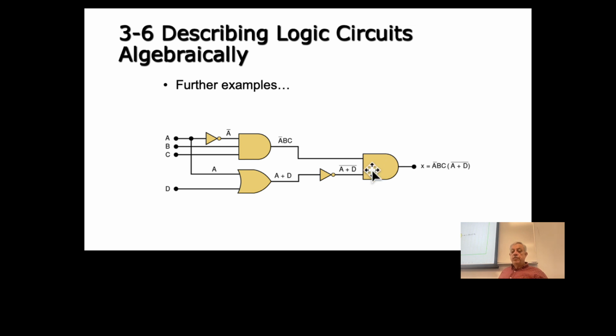Then I feed both of those expressions into an AND gate and I get A naught BC from the top line, ANDed against A or D naught, the whole expression. So that's moving left to right. You can go either way.